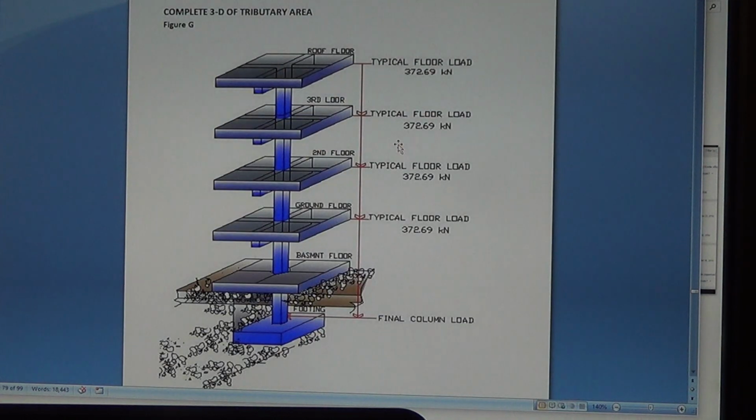And this is the actual strip of tributary area where the column carries all these loads. These are the loads that this column is carrying going to the foundation design. So each one of them you have to calculate. Okay, the sizes of the structural members here. Without the size you don't know the dead load, the weight of the concrete.